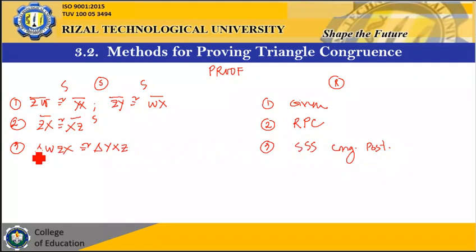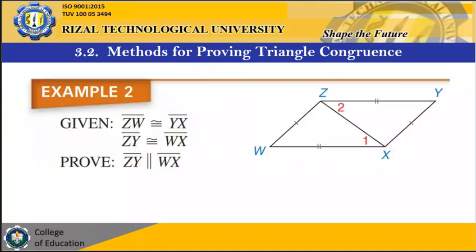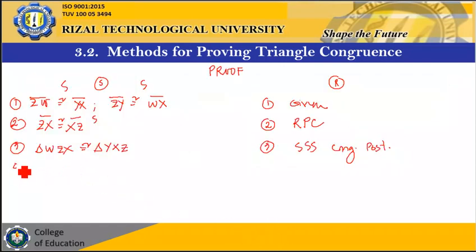Now, since the two triangles are congruent already, what we can infer is that angle 1 is congruent to angle 2, and that is because of CPCTC, corresponding parts of congruent triangles are congruent.